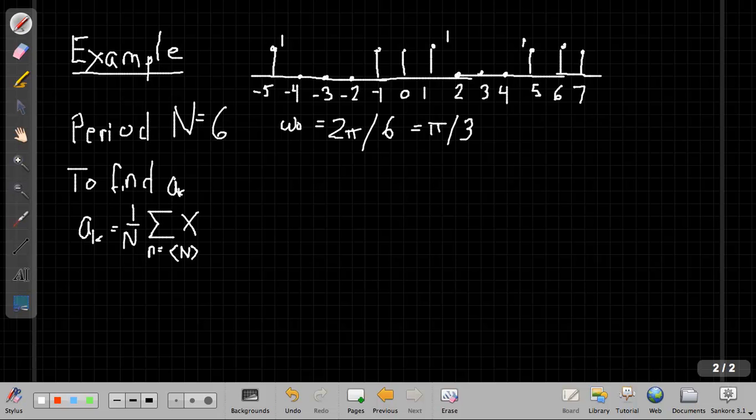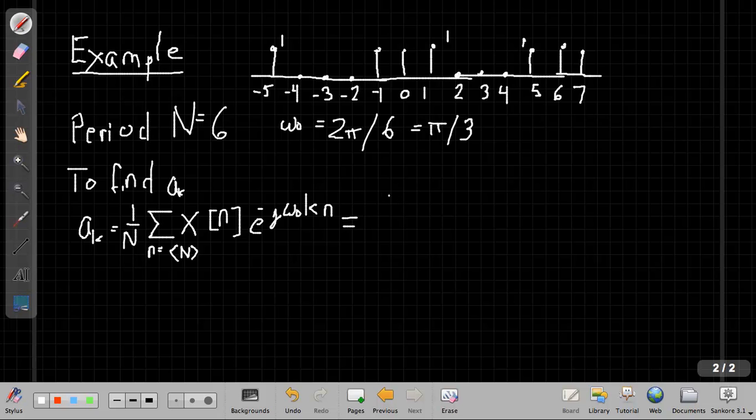So I take the signal x of n times e to the minus j omega naught k times n. And for this signal, because it's symmetric about the origin, I'll get the right answer easier by making my interval cover that symmetry. So I need 6 consecutive samples. I'm going to choose them to go from -2 up to 3.